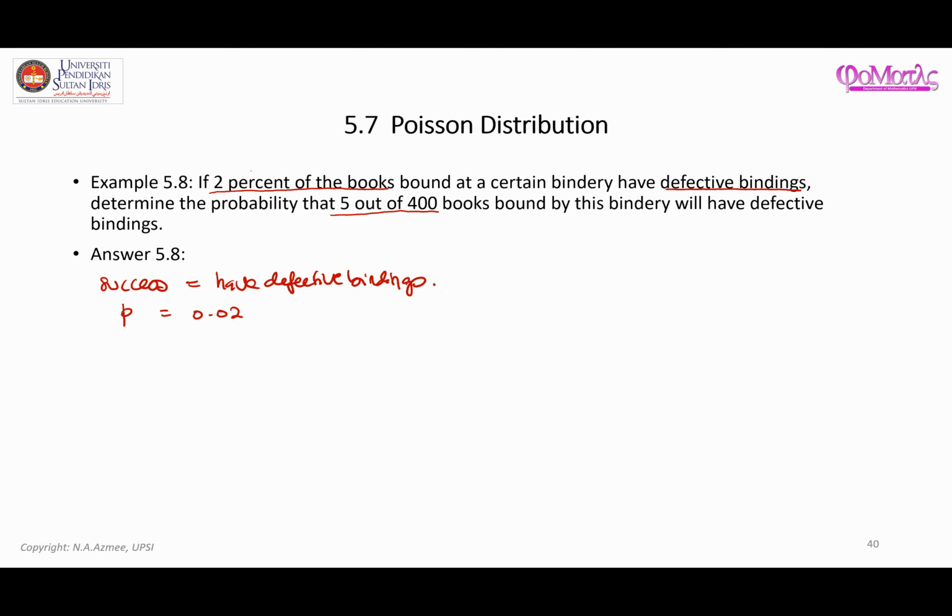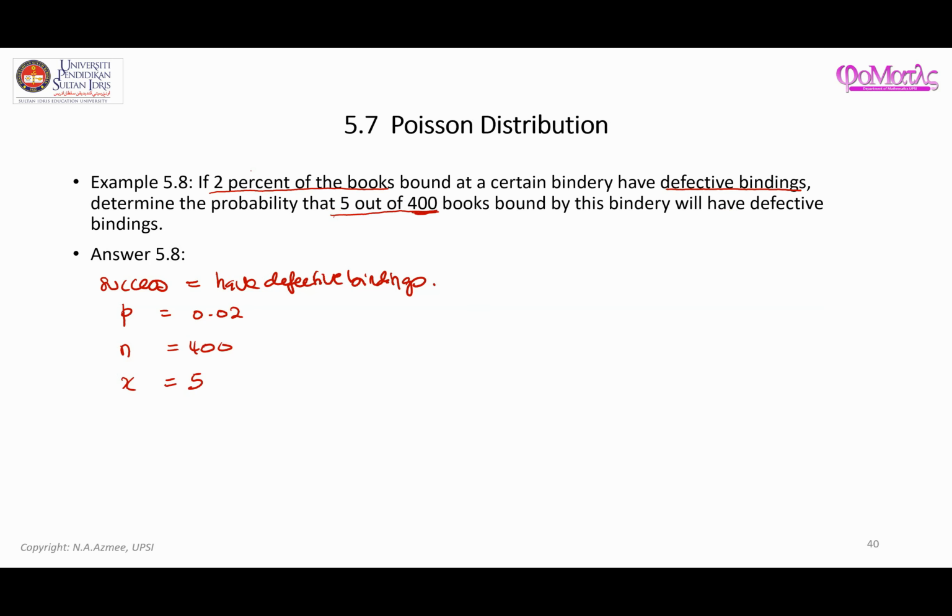So the results are two outcomes, defective or not defective. The books are checked one by one up to 400 books. So here n is 400, and x, the number of successes, is equal to 5. So we're going to find the probability of getting 5 successes out of 400 trials.